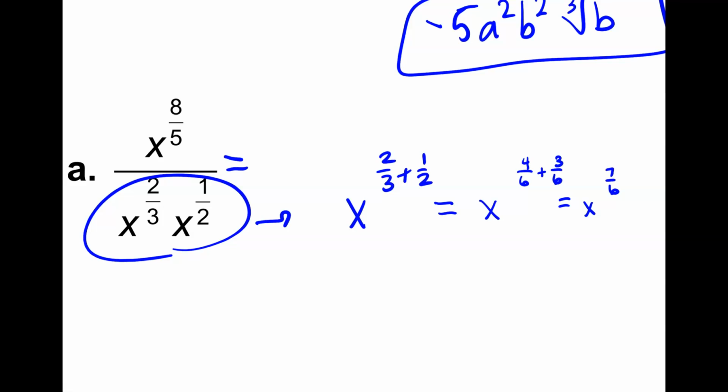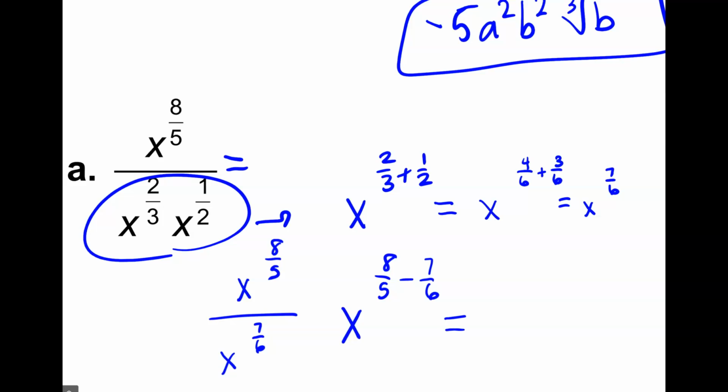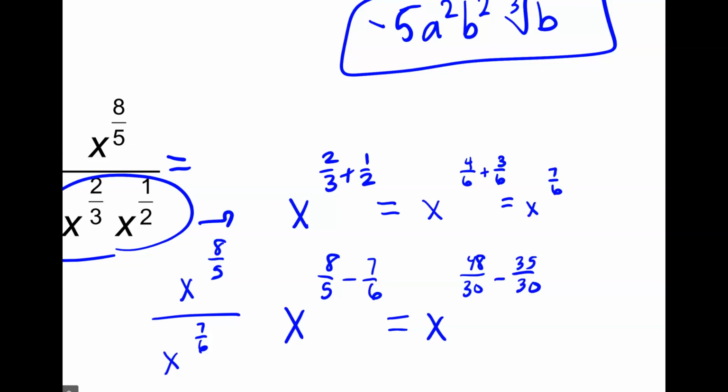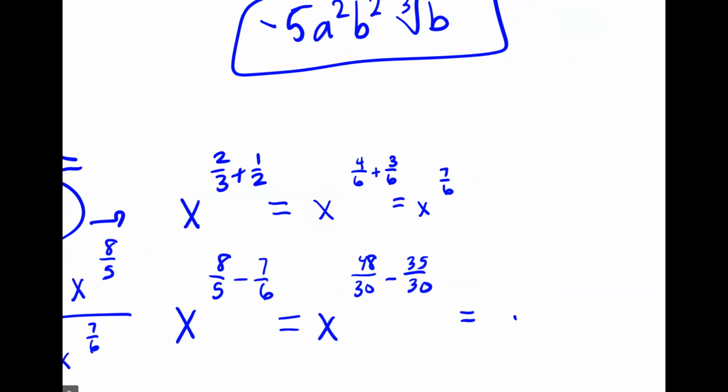And then the top. Okay, so now if I rewrite it, I have x to the 8/5 over x to the 7/6. What do I do here? Divide. Subtract them. Common denominator is 30. 48 minus 35. Was it 13?